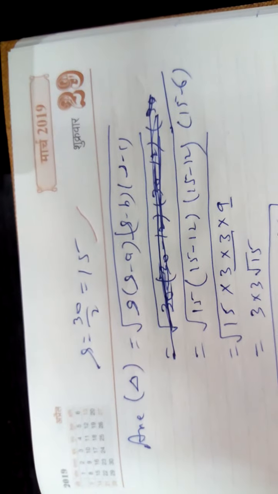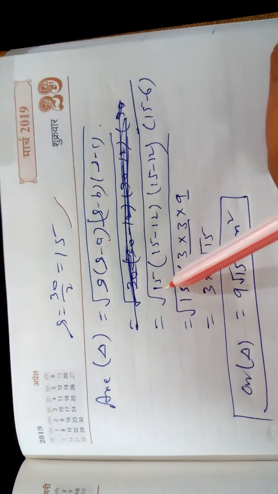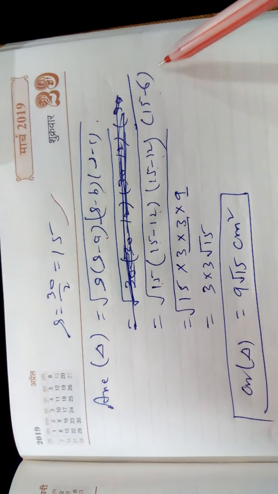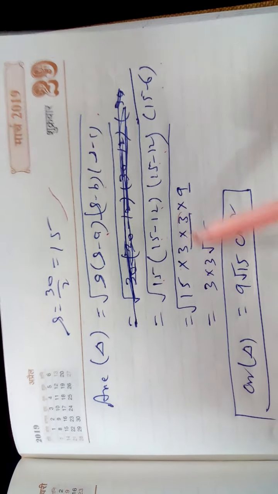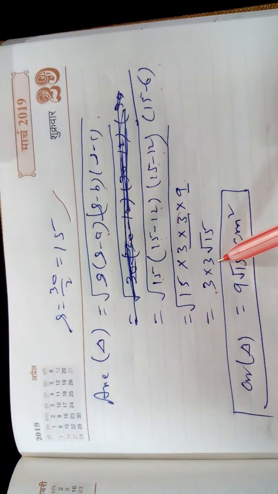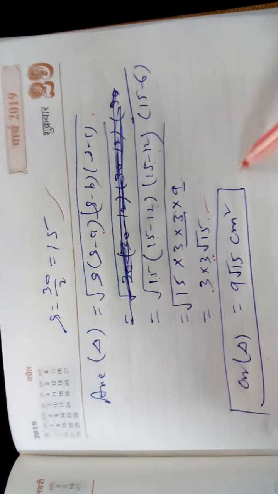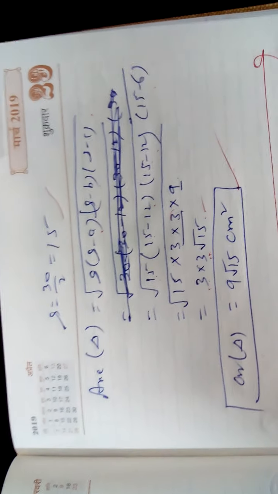Semi-perimeter 15. Area of triangle is S minus A, S minus B, S minus C. Your answer is 15 into 15 minus 12, 15 minus 12 two times, and 15 minus 6. This 3 gives you 3, 9 also 3, only 15 is left, 3 into 3 is 9 under root 15 centimeter square is the area of the triangle.